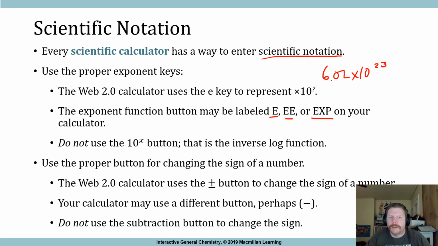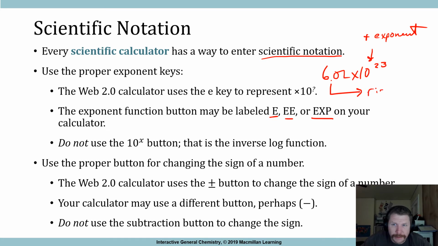So what that means is that it tells you where the decimal place is. With 6.02 times 10 to the 23rd, a positive exponent, think about it as the decimal place moving to the right 23 times. Now if it's a negative exponent, then it is moving to the left 23 times in this particular case.